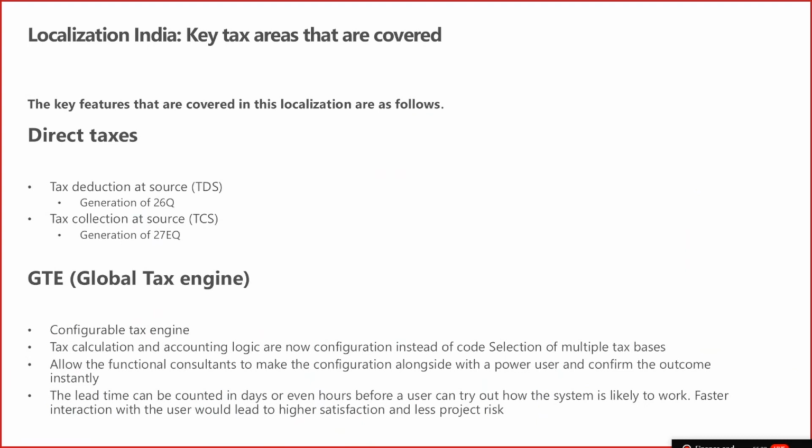So your lead time will be in hours, not in days, and with minimum effort, you can enable the functionality, and your dependency on Microsoft to provide any feature is reduced drastically. So we are in the process of simplifying the GTE tool further, to make it easy to use. This process is currently on.